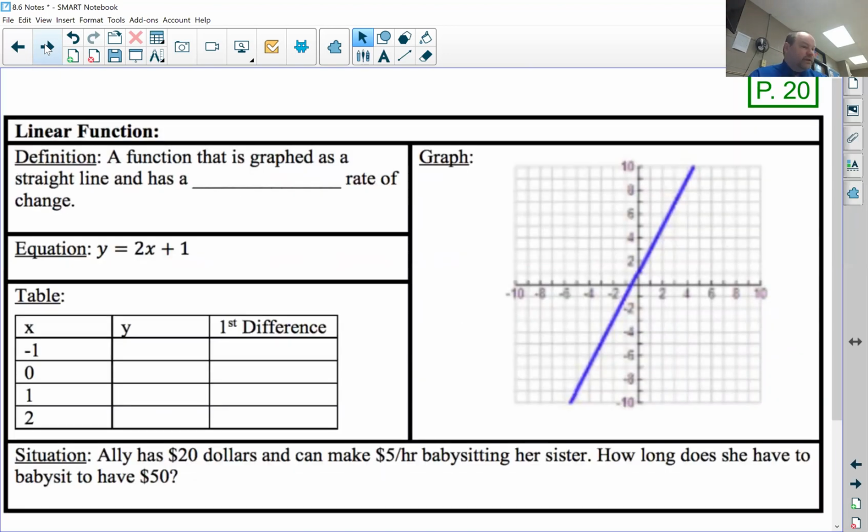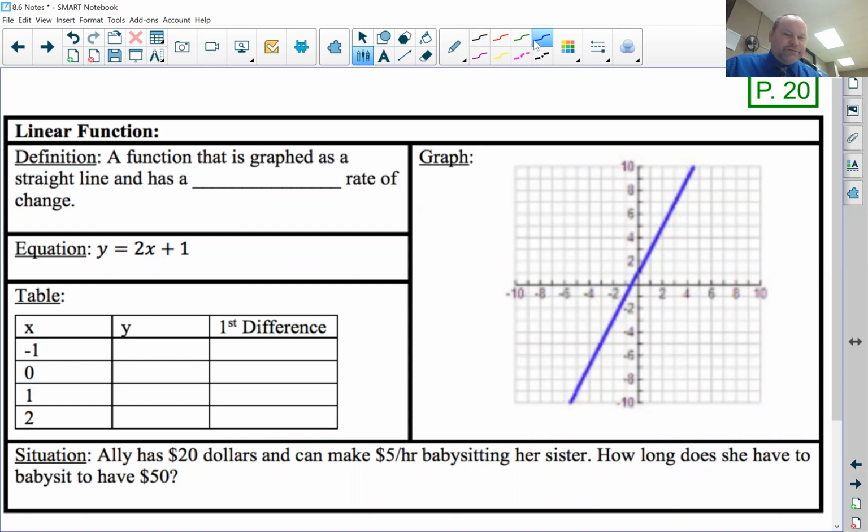All right. So here is our first example. If we have a linear function, and we've worked with those, and you've probably worked with those more than anything else in your mathematical careers.